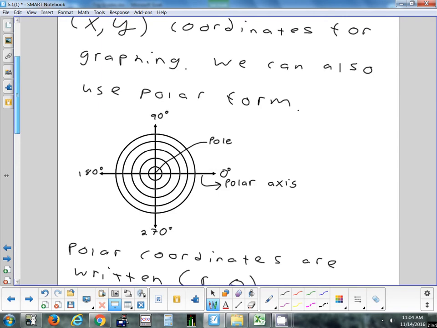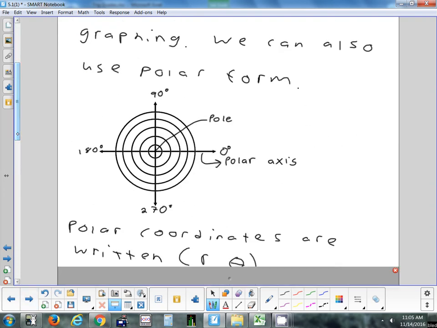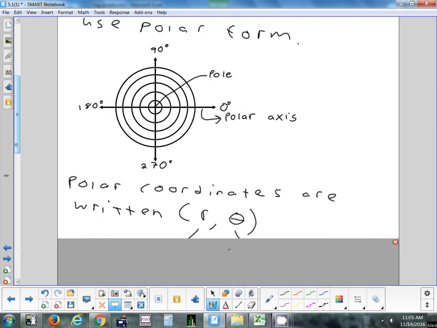And in order to specify a point in polar, you need to write two numbers, just like in rectangular. If I want to specify this point, I have to write two numbers, an x value and a y value. Well, in polar, you don't have an x and a y value, but you have an r and a theta.